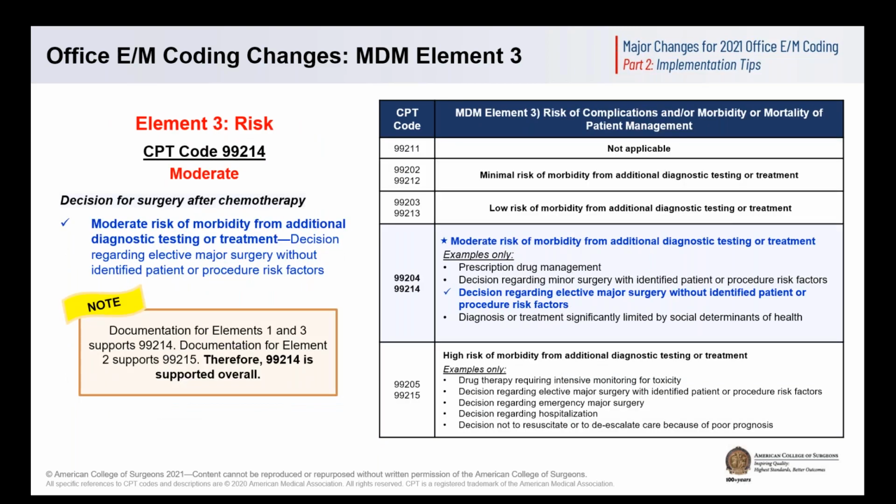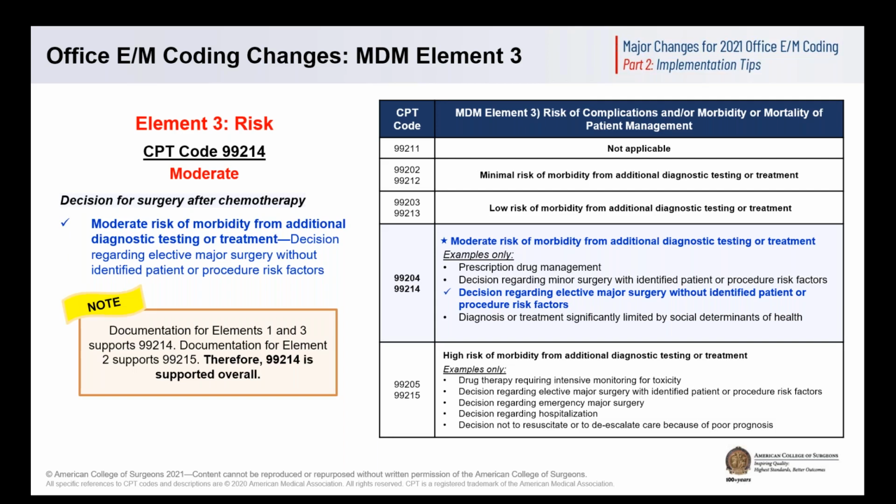And on your risk, some would say it could go either way. You're calling her a 214 because in terms of your particular management, at this point, you're going to put a port in her. She's young and healthy. It is a major surgery with identified patient and procedure risk factors.